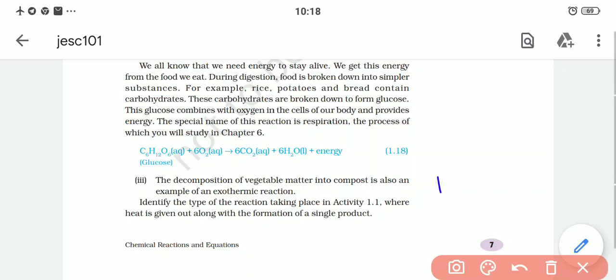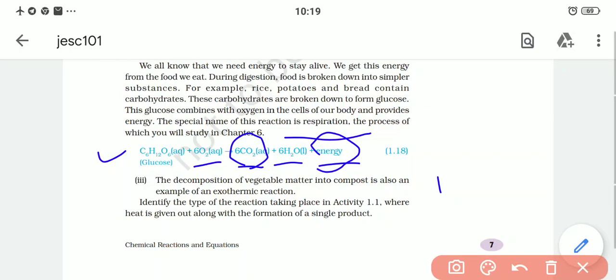So what happens in respiration? C6H12O6, the glucose from rice, potatoes and bread, reacts with oxygen of our blood and forms energy, water and carbon dioxide, which we remove from our body during respiration. So here energy is produced.